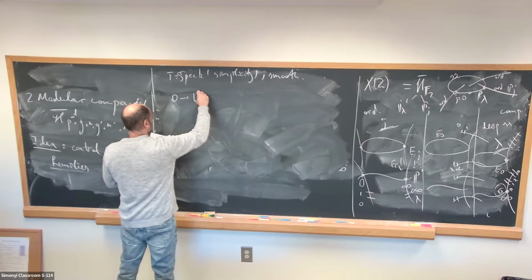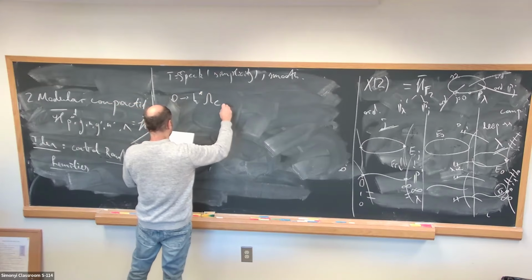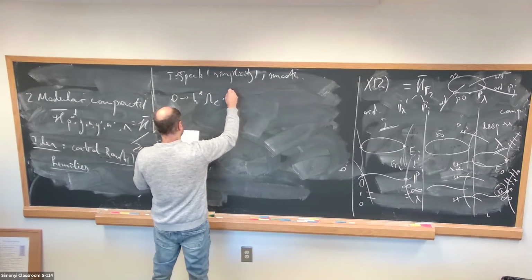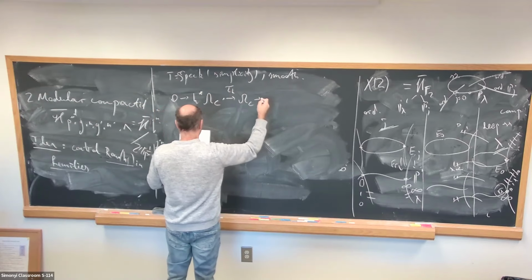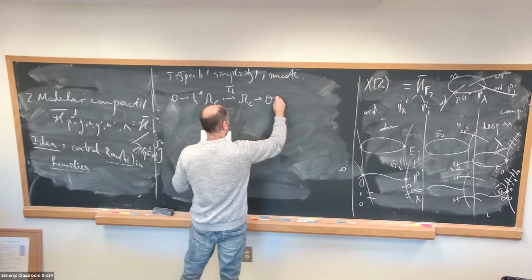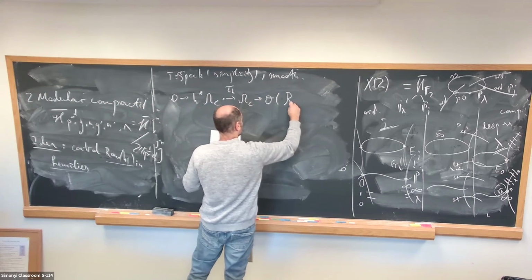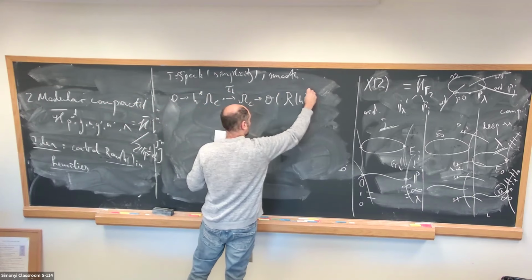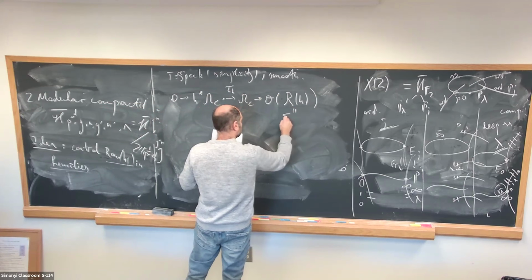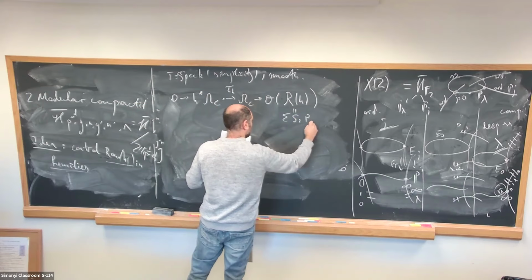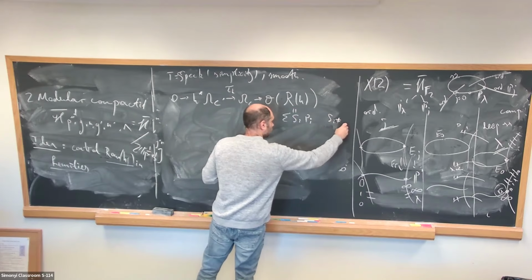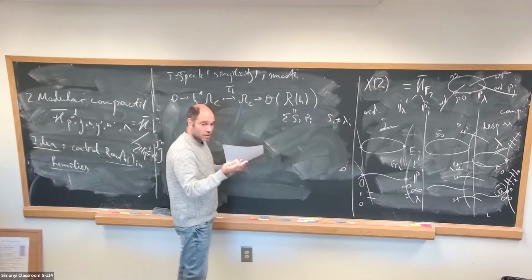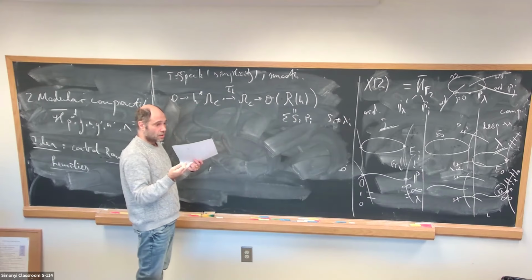So we have this sequence: omega C prime, I'll denote this guy tau H, omega C, and then O of R of H, which is the sum of delta I pi, but delta I were not lambda I, they were some other numbers.